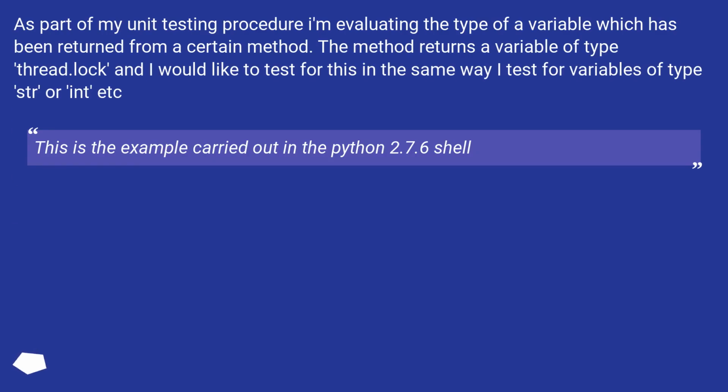As part of my unit testing procedure, I'm evaluating the type of a variable which has been returned from a certain method. The method returns a variable of type thread.lock, and I would like to test for this in the same way I test for variables of type str or int etc. This is the example carried out in the Python 2.7.6 shell.